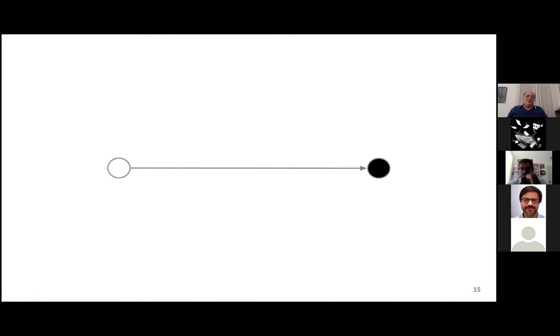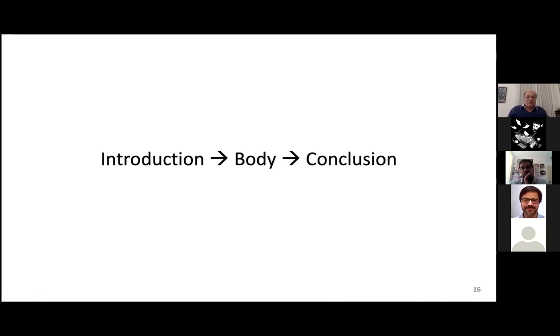So for doing this, you should choose a structure, and of course, a typical structure is this one. Nothing wrong about this: introduction, then the body of your presentation, and then the conclusion. The issue here is that there is no need for an explicit introduction, an explicit body and an explicit conclusion.